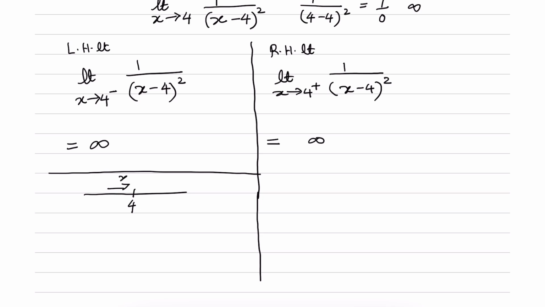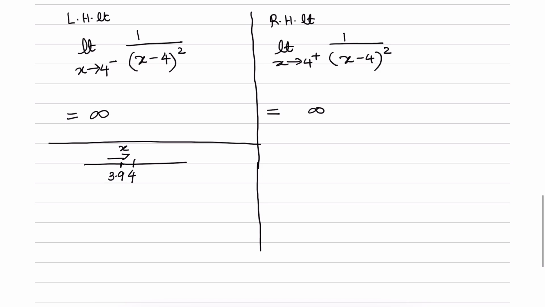So for the left hand side case, when x is approaching 4 from the left of 4, pick some number x on the left of 4. Let us pick 3.9. It is close to 4 but on the left of 4. We have the function here as 1 over (x minus 4) whole square. In the place of x we will put 3.9 minus 4.